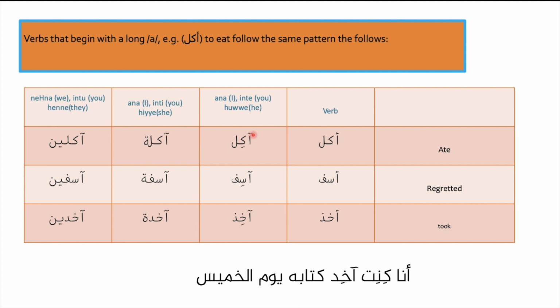So you could say akil, akle, aklin. So you could say أنا آكل الساعة 5. I ate at 5. So akil, yeah, that's how you would use it. Somehow, I feel like most people really struggle with making this into the present tense or the future.